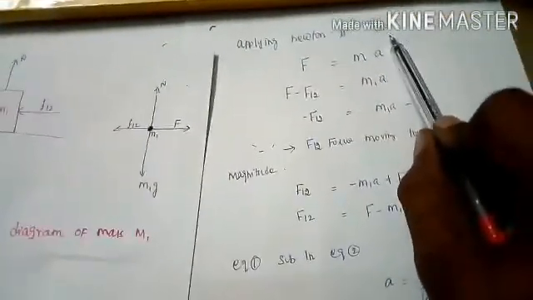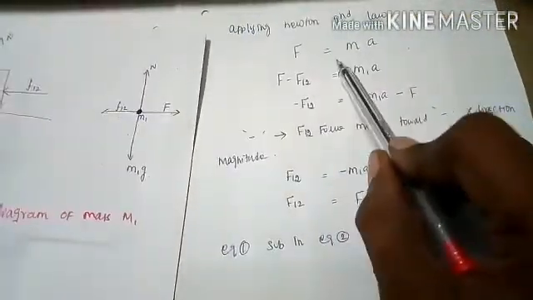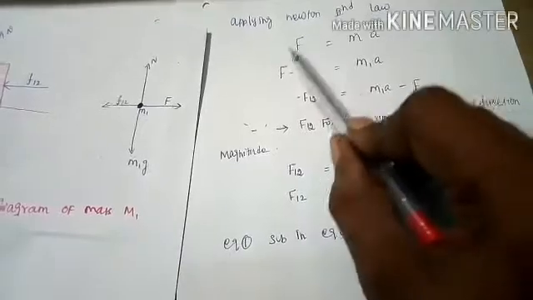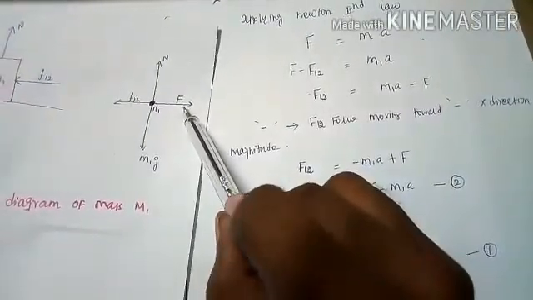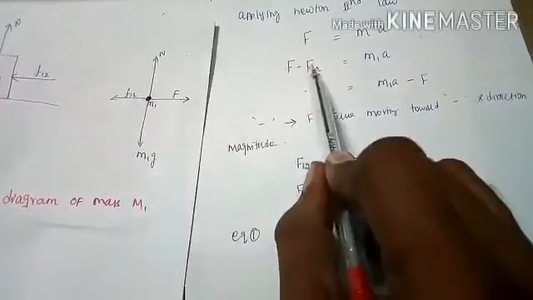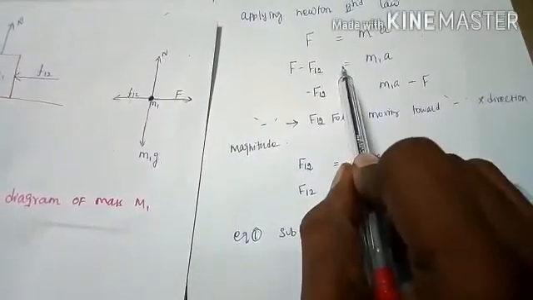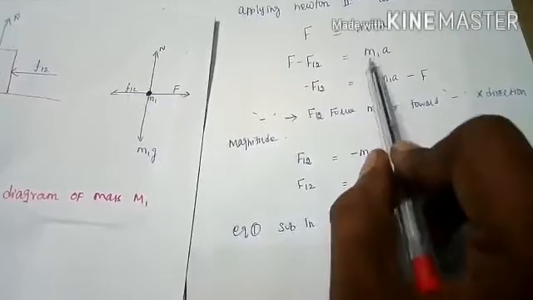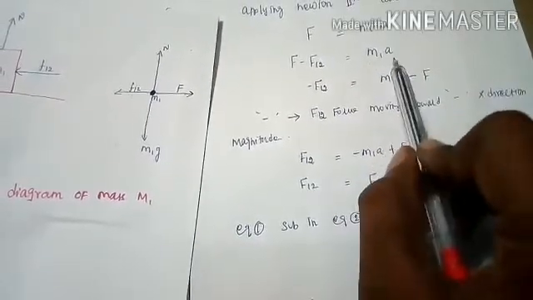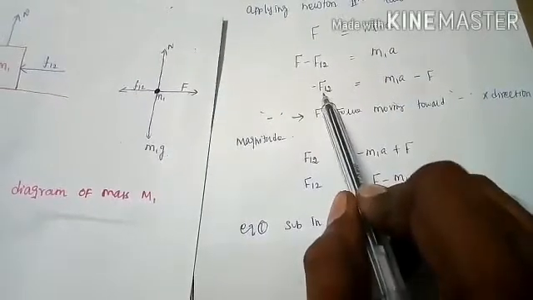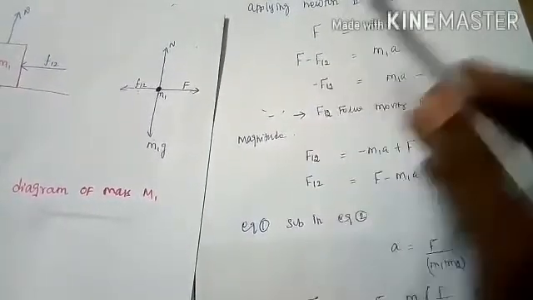Newton's second law is nothing but F equal to m into a, where F is the total force. So the total force is F minus F12 equal to m1 into a. Next I want to calculate the F12 force.